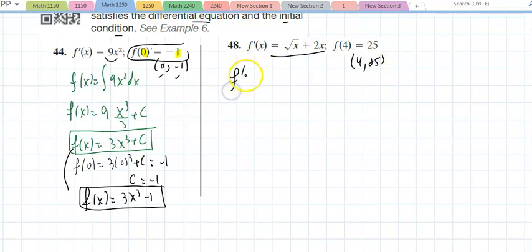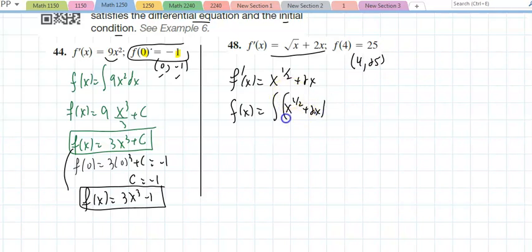Here I'm going to say f prime of x is x to the 1/2 plus 2x. And if I want to find f of x, I would integrate x to the 1/2 plus 2x with respect to x. And my original function must have been x, add 1 to the power.